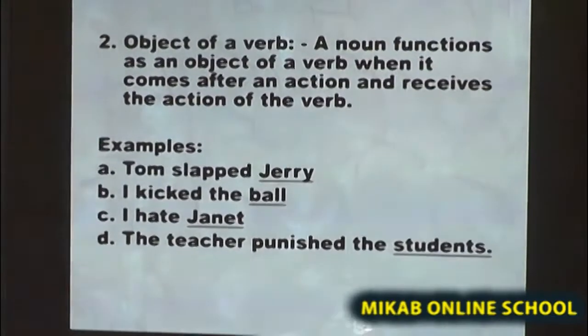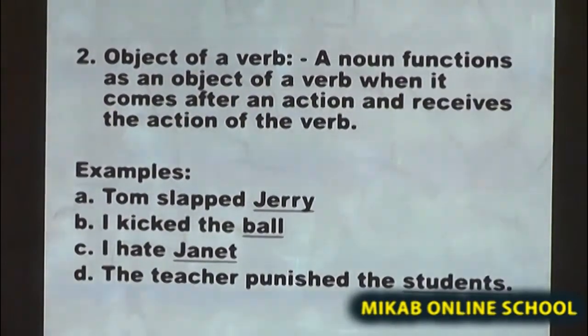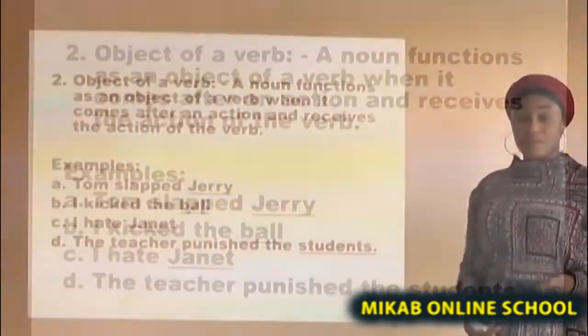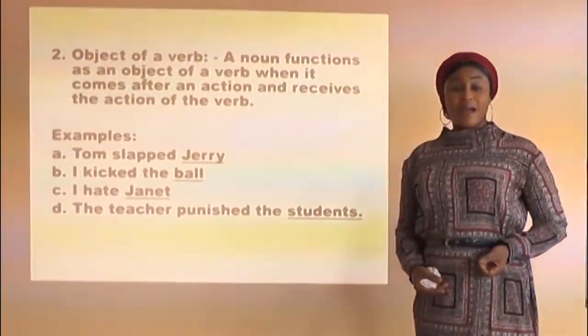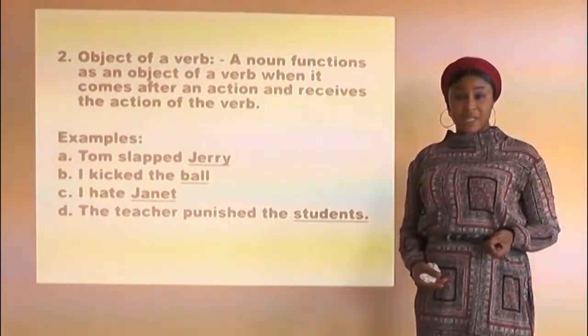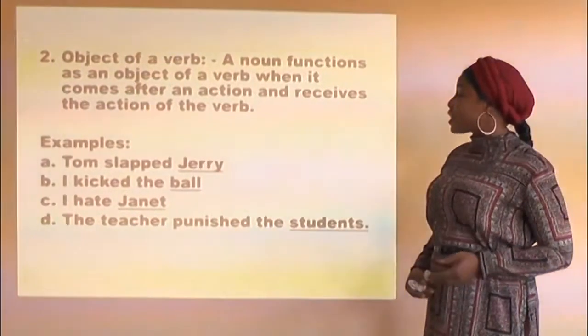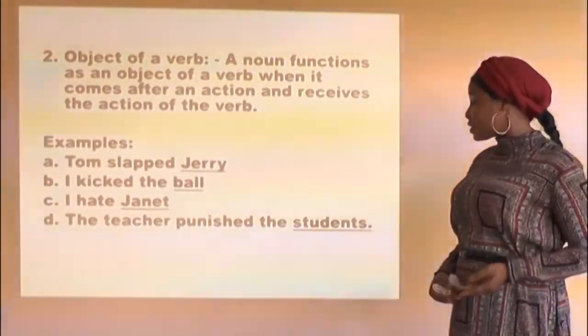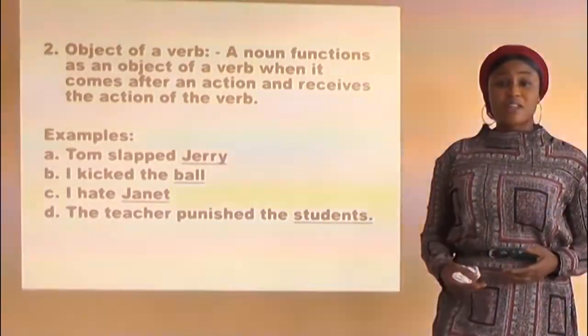But in this case, Jerry, ball, Janet, and students are all what? Objects. They are objects because they receive an action from what? Subjects. In these sentences, the verbs are slapped, kicked, hate, punished. Don't forget, in your JSS theory, you were taught what?